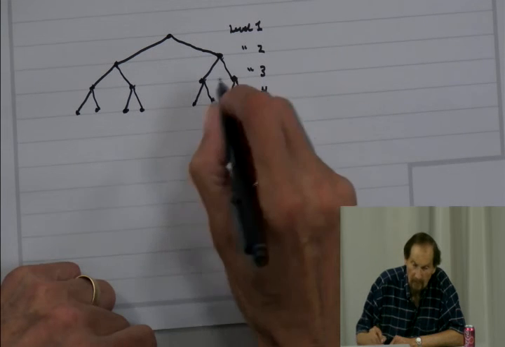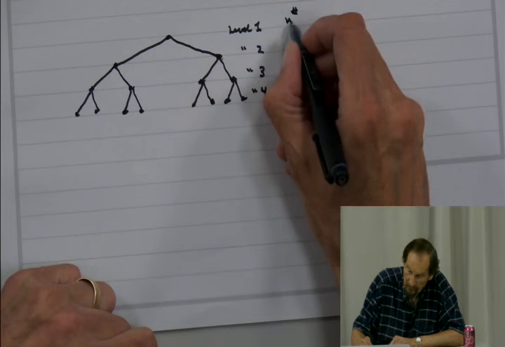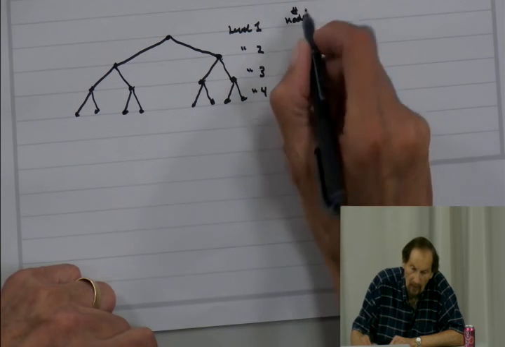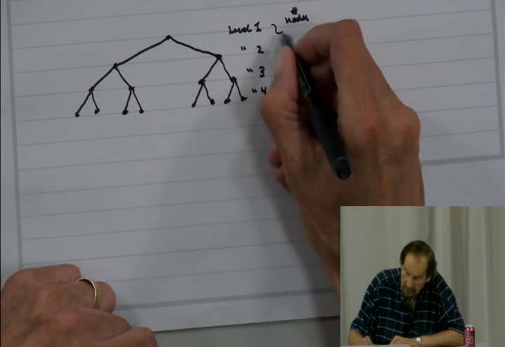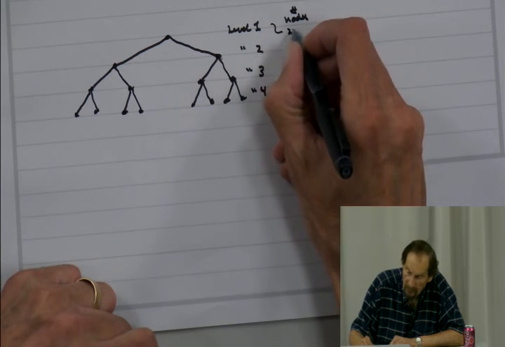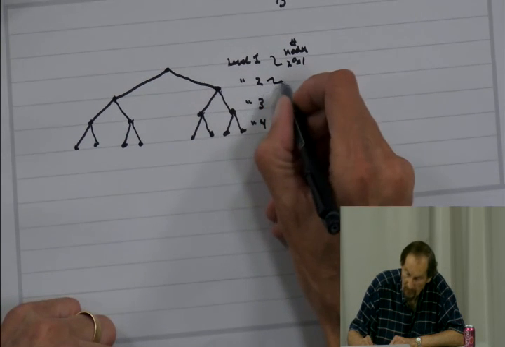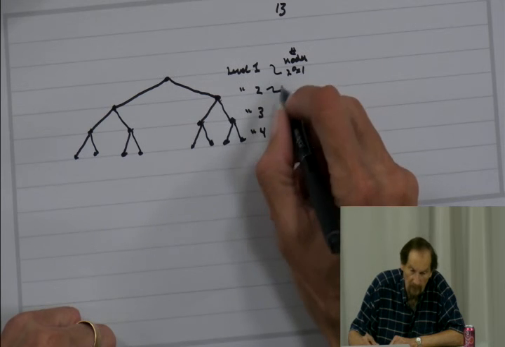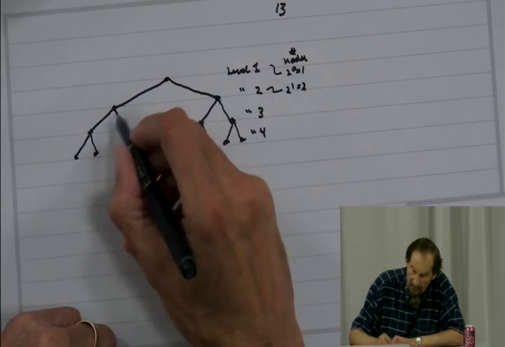And now let's look at the number of nodes. At level 1, what do you have? You have 2 to the 0 equals 1. At level 2, what do you have? You have 2 to the 1 equals 2 nodes.